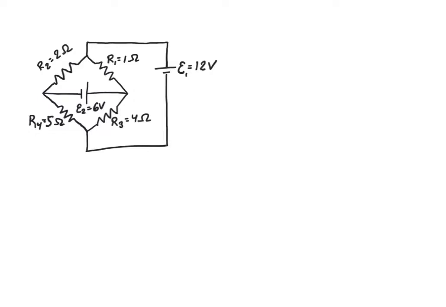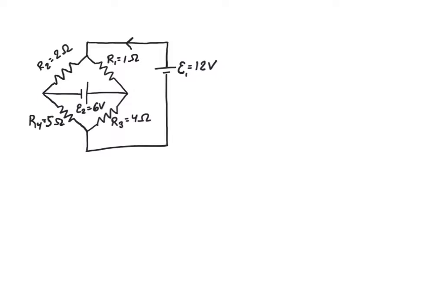Before we start doing anything with equations, we have to identify the directionality of the currents. Again, we might not know what the exact directions are. We can guess, and sometimes we can guess very well, but in the end it doesn't matter. If we guess wrong, the math will simply tell us that the current is negative, which means it's going the opposite direction of what we assumed. So let's just pick a direction. On this outer loop, let's say the current is going counterclockwise because this outer battery has a positive terminal on the top.